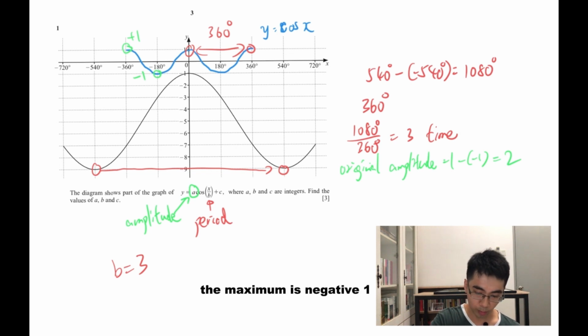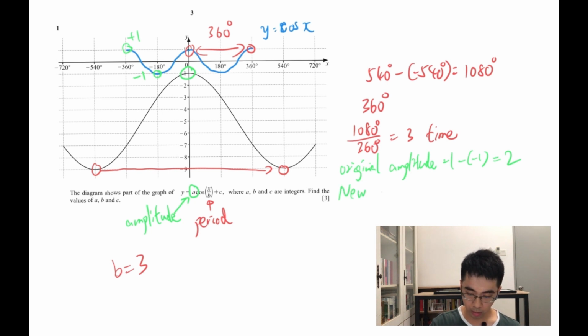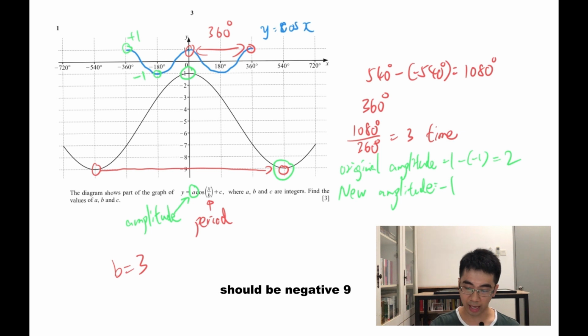All right, for the new graph, the maximum y should be negative 1. So for the new amplitude, it should be negative 1 minus the new minimum, which is negative 9, right? So minus negative 9, we get plus 8.